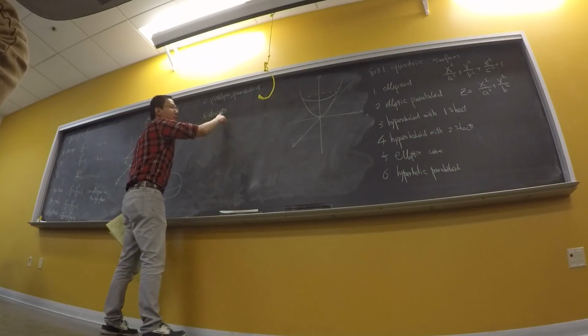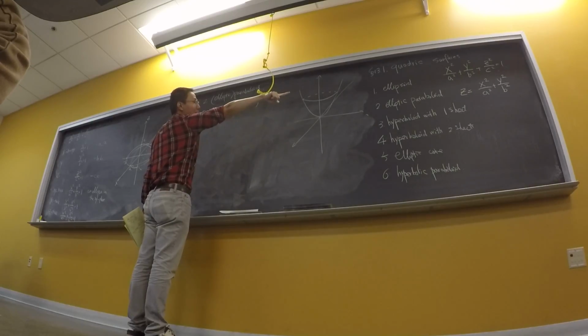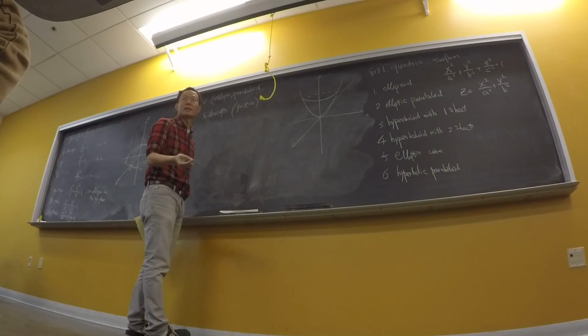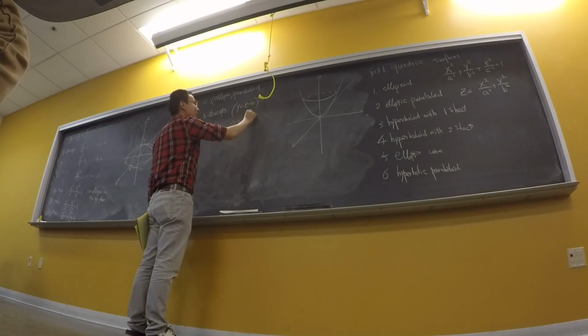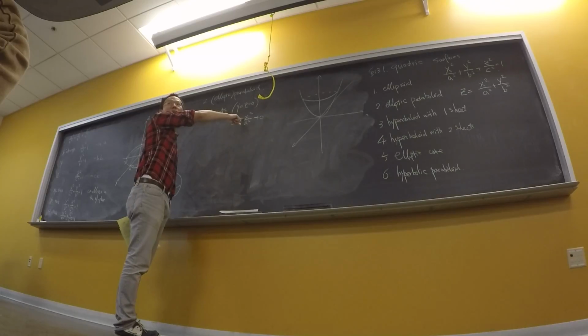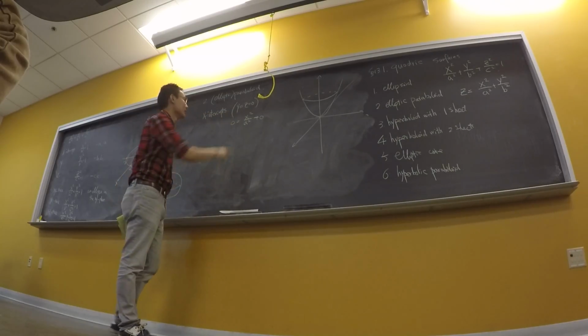So x-intercept means y equals z equals 0. No matter what equation I have, I just plug in these values, and what comes out is what is needed. So I have 0 equals x squared divided by a squared plus 0. I solve for x. So there's only one x-intercept, which is x equals 0.